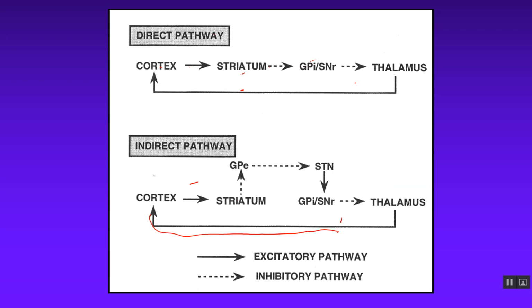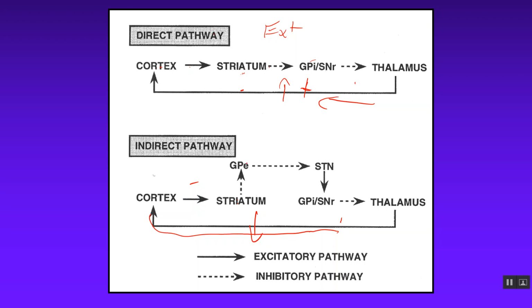And the direct pathway is excitatory. It increases excitation of the motor thalamus back to the cortex, where the indirect decreases excitation of the thalamus back to the cortex. It's less excitatory, so it's basically inhibitory.